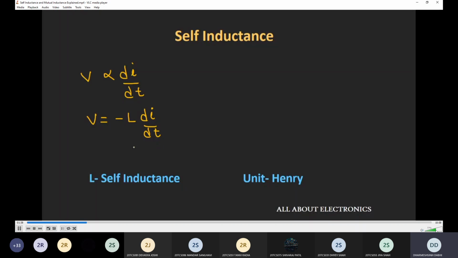Here you will observe a negative sign, which is because of Lenz's law. According to Lenz's law, the generated EMF opposes the rate of change of current through which it is being generated. So the negative sign implies that the voltage generated opposes the rate of change of current. Let us say this is equation number 1.